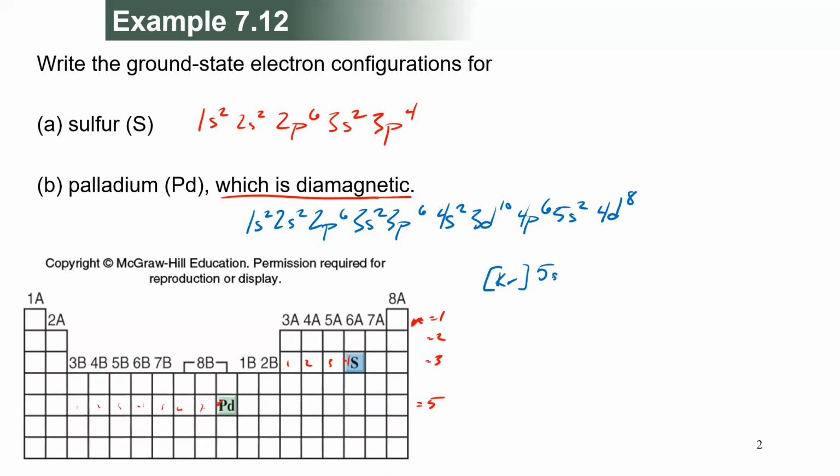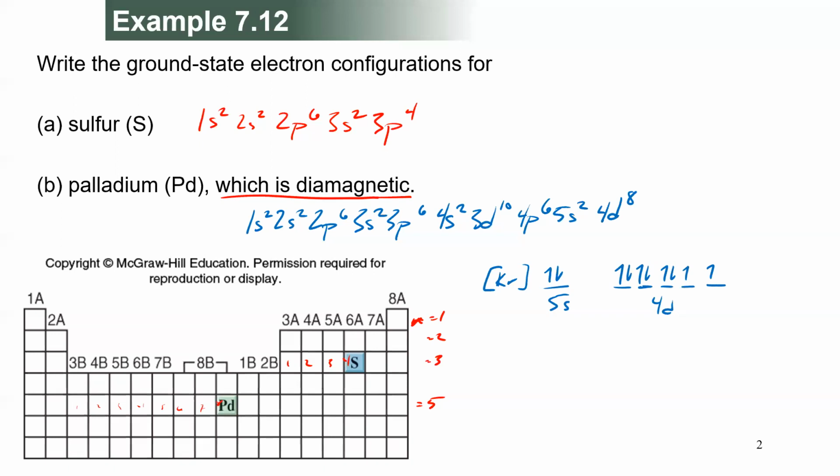Krypton, 5s2, 4d8: 1 orbital in the 5s, 5 orbitals in the 4d, 1, 2, 3, 4, 5, 6, 7, 8, 9. Remember, we spread them out due to Hund's rule.